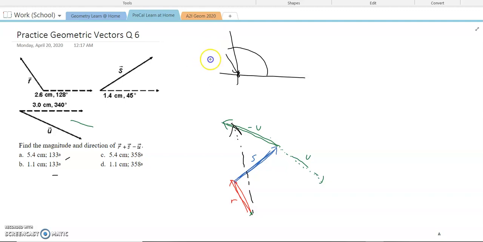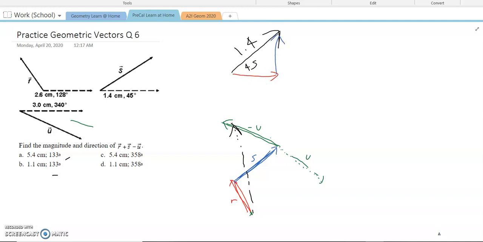So the easiest way to do these is to break it down individually into their vertical and horizontal components. So I'll start with the easiest one, S. If I have a vector S that has a magnitude of 1.4 and at 45 degrees, all I really need to do is figure out the vertical and horizontal components of that.